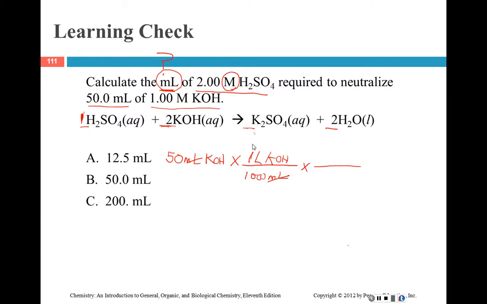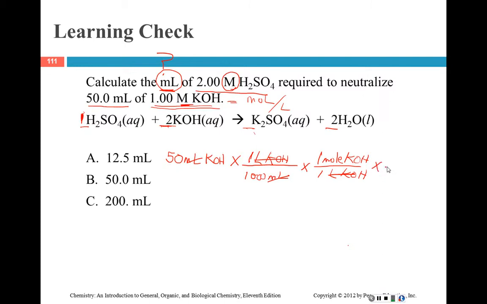I know the molarity of KOH is 1 mole of KOH per 1 liter. Where does that come from? Because molarity equals moles over liters. You've got to remember that. So I can cancel the liters, and I'm at moles of KOH.